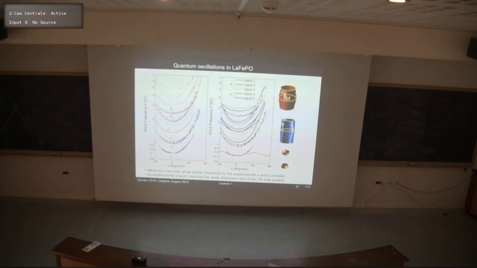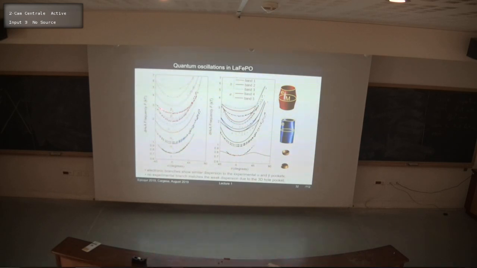When you have a single band system, it's very easy to work out the shape of your Fermi surface. But when you have multi-band systems, there is a difficulty, especially if you look at these two cylinders, they are pretty similar. And there are certain details which differentiate them, which is the degree of warping, for example. And when you check their band structure, you notice that the red curves disperse more compared with the blue curves.